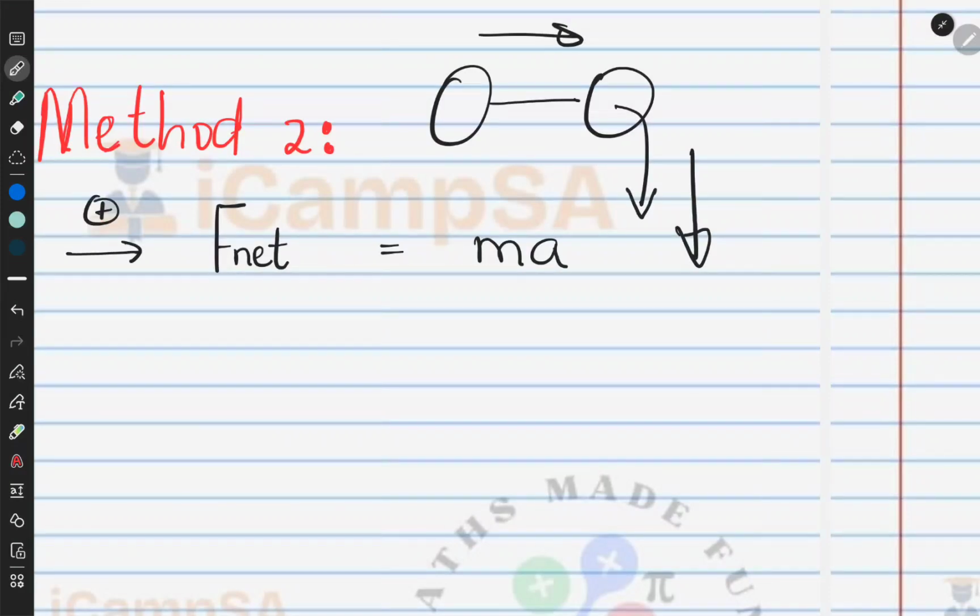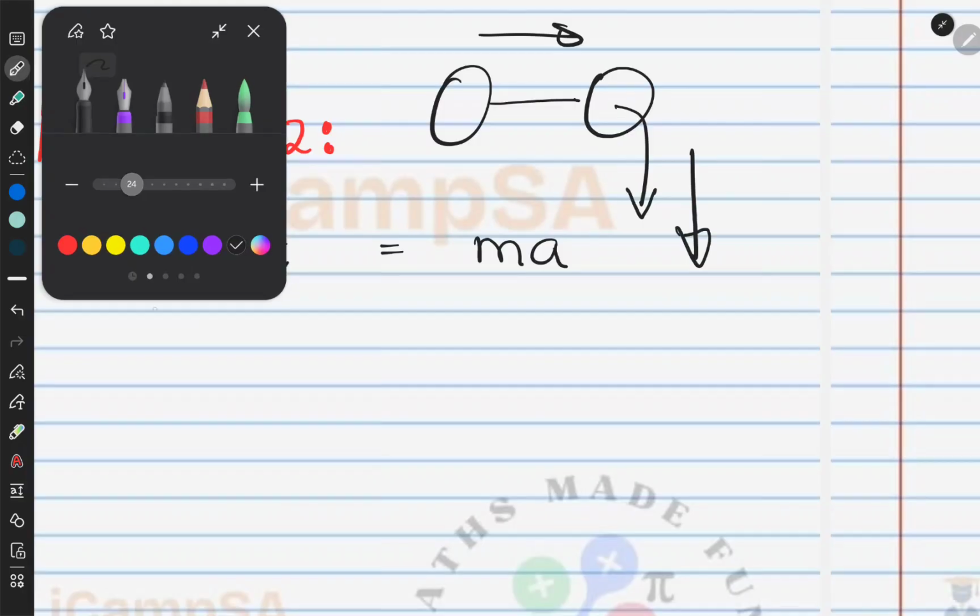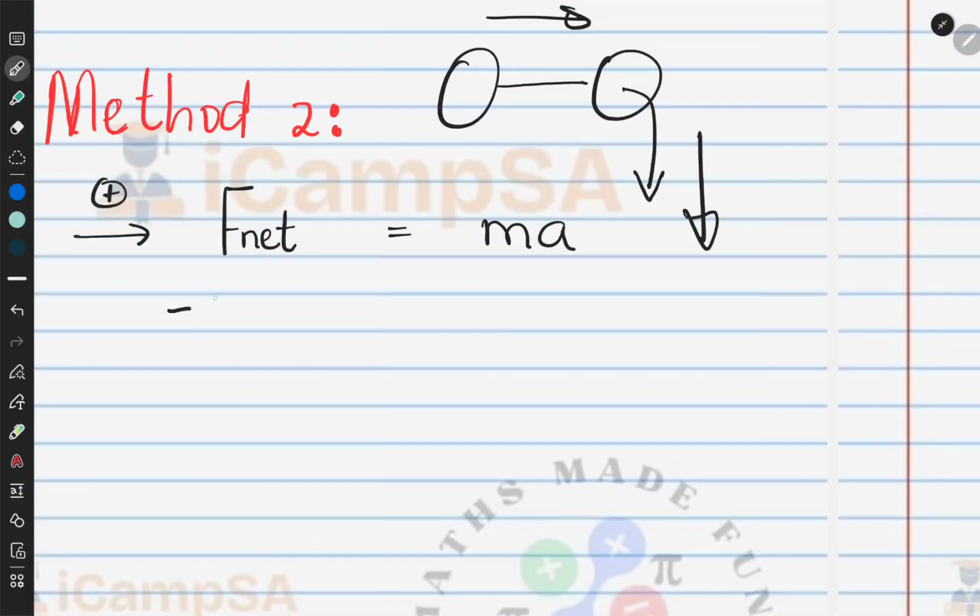What then happens is, our frictional force, the kinetic friction, is negative, plus our weight for the 8 kilogram block, equals our total mass of the system, let's call it mt, times our acceleration.